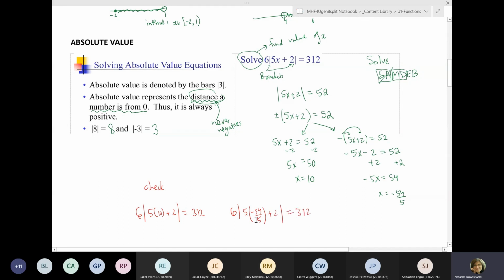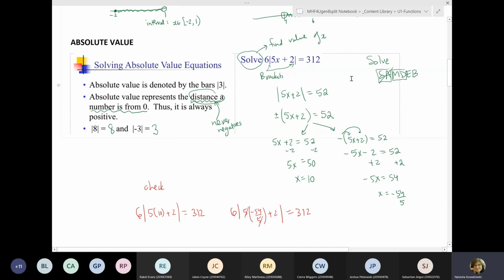Well, if you multiply these together, you would get just negative 54 because the 5s will cancel, right? Then when you add negative 4 with 2, that would be negative 52. The absolute value on the negative will make it disappear, so it'll become positive, times 6 will give you the same answer.